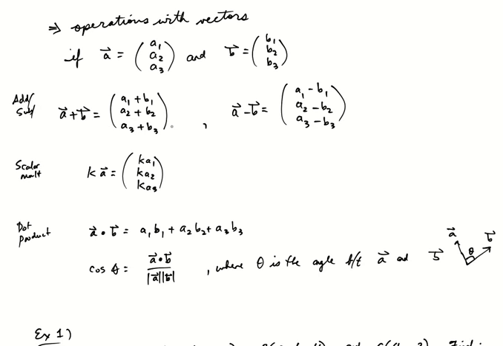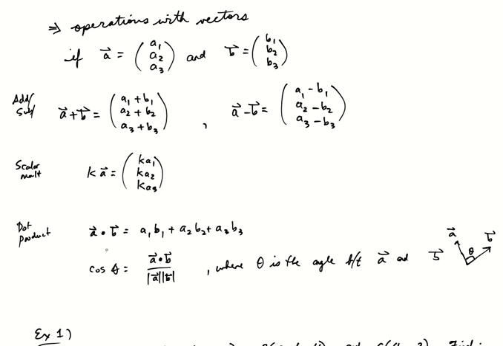We are just now adding this third component down here. Scalar multiplication also stays the same. The dot product also stays the same. You've only seen up to this part right here, but now we have a new part on the end here where we're multiplying the z components together.